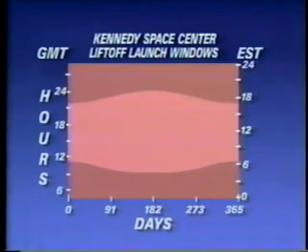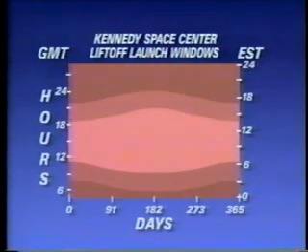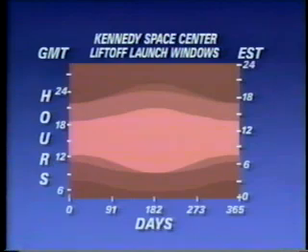If daylight conditions are required for a convenient emergency landing site for the Space Shuttle, the launch window would now look like this. During the winter months, the available launch window for lighting conditions alone can be as little as 3 hours per day. When combined with the many other launch factors, the launch window becomes even more constrained.